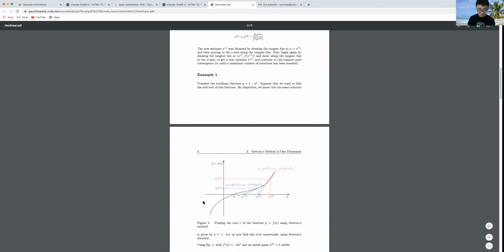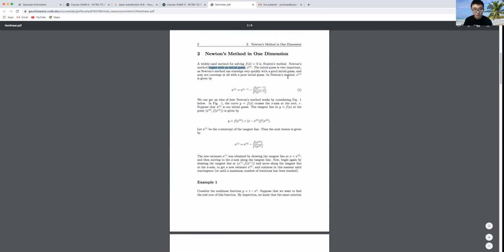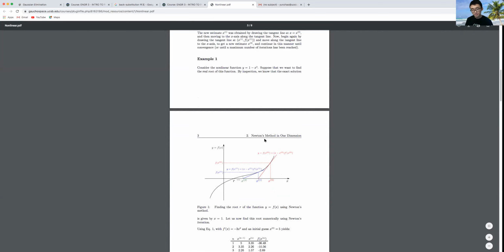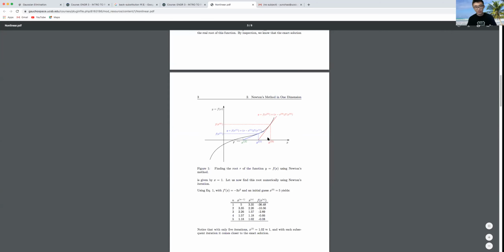It's the same. But the tricky part is the initial guess is very important, and Newton's method can converge very quickly with a good initial guess, otherwise it might not converge at all. So this is tricky, right?